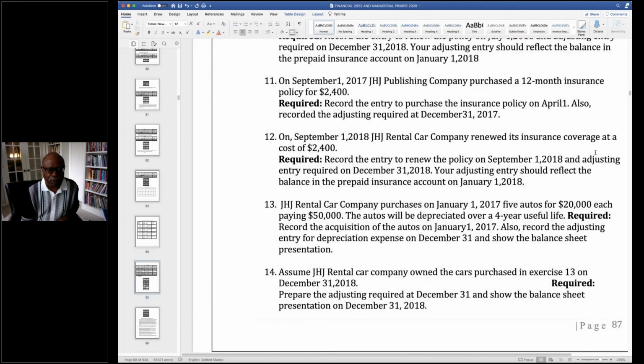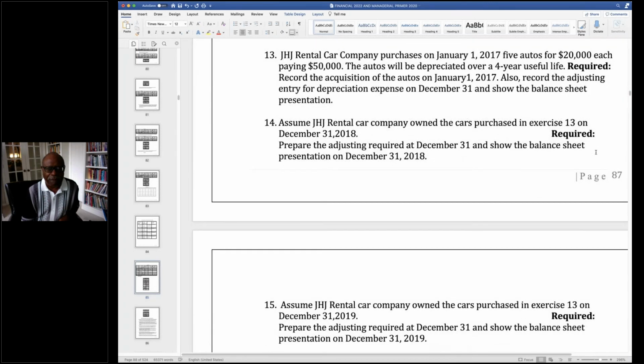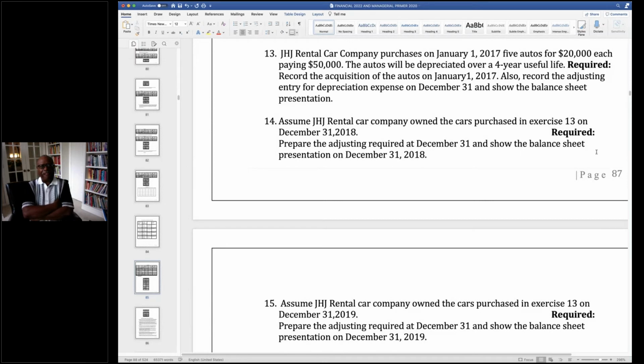So let's come down to our favorite, buying these automobiles. When we buy autos, any long-term asset, it's still a prepaid asset that is going to expire with time. So we have JHJ Rental Car buying 5 autos for $100,000 and paying $50,000 down.